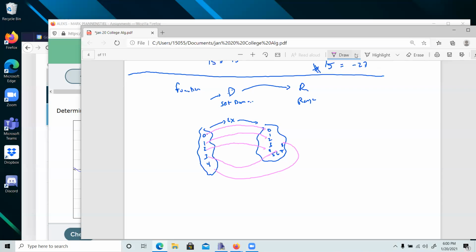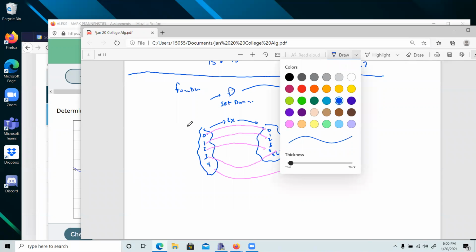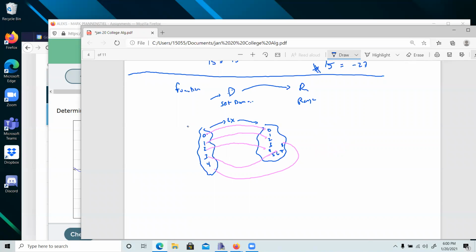The reason it would be a function is because everything in the domain has an arrow pointing away from it. The other thing is it only has one arrow pointing away from it. So everything in the domain has exactly one assignment.